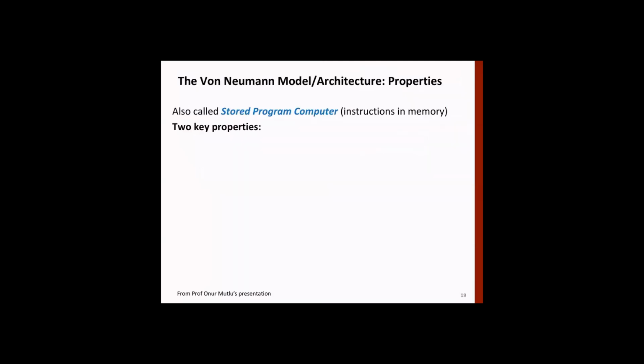Now, the von Neumann model is also called the stored program computer. It means that it keeps the instructions in the memory. It defines 2 main properties. A stored program, meaning instructions are in memory in a sequence, like the program you write, and the corresponding machine code will be there in the memory.